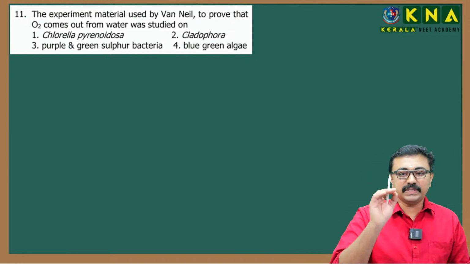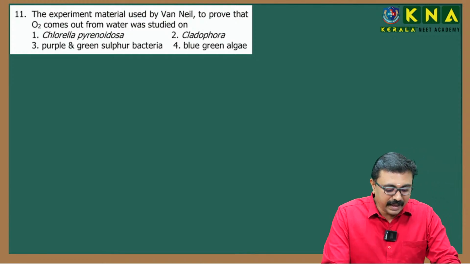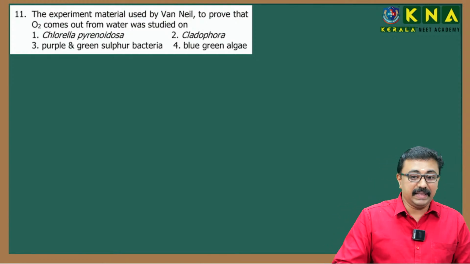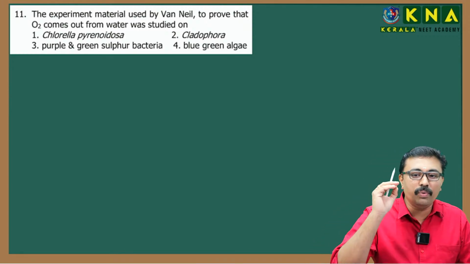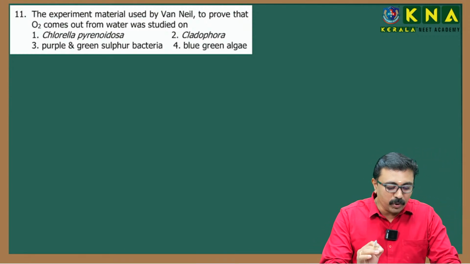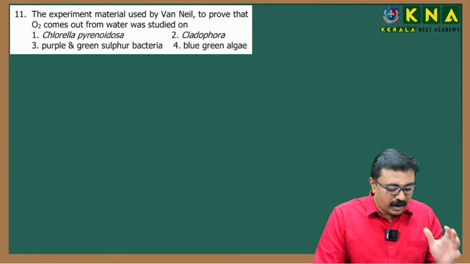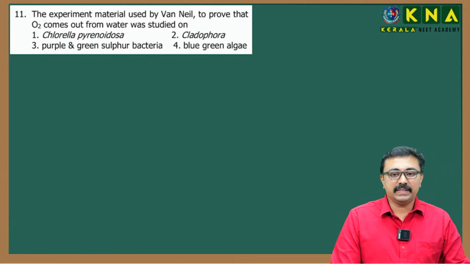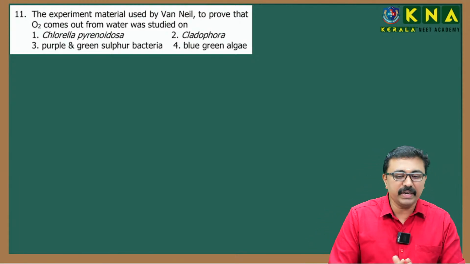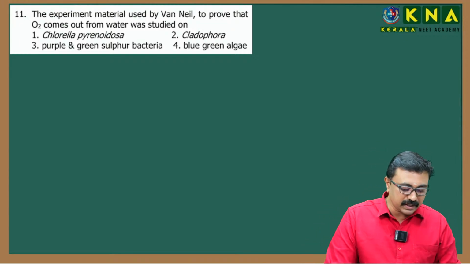So the first question: the experimental material used by Van Niel to prove that oxygen comes out from water was studied on. It's a very important, very historical experiment. Can you answer?